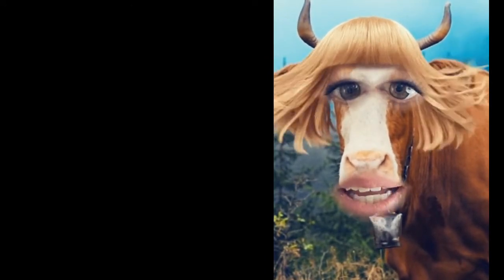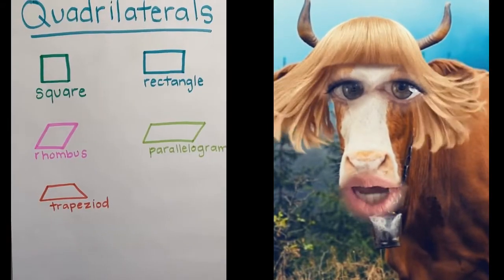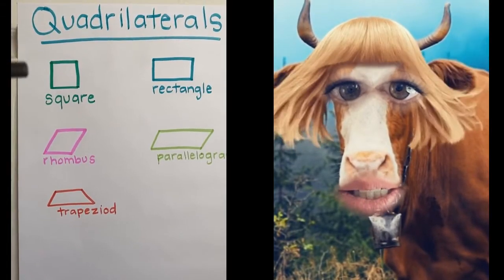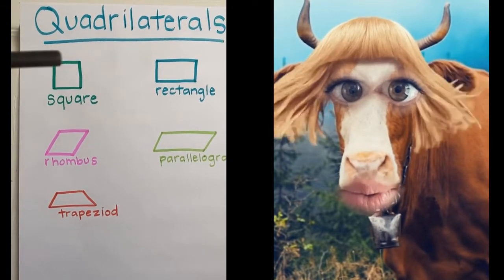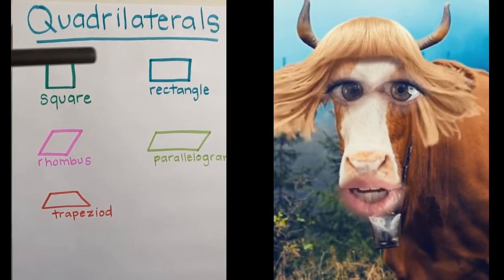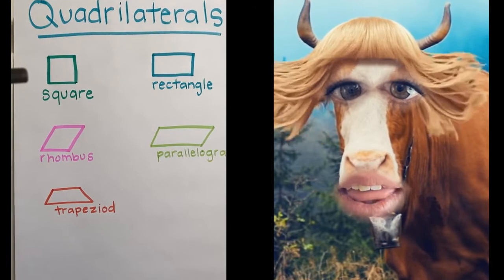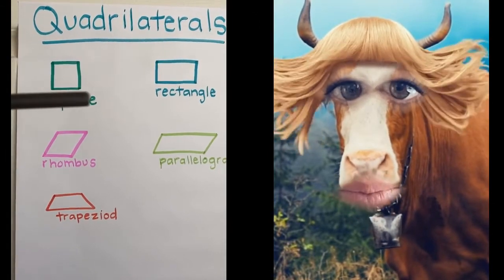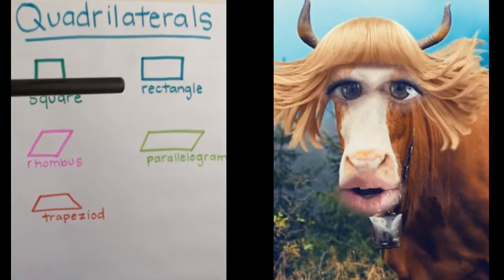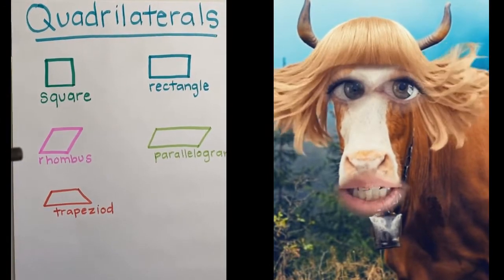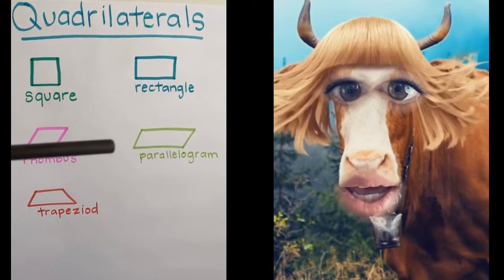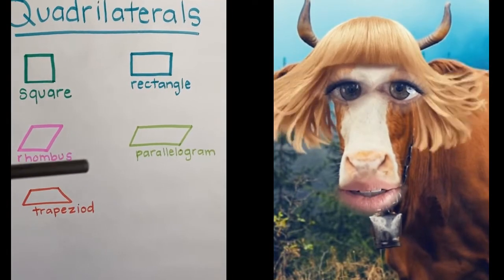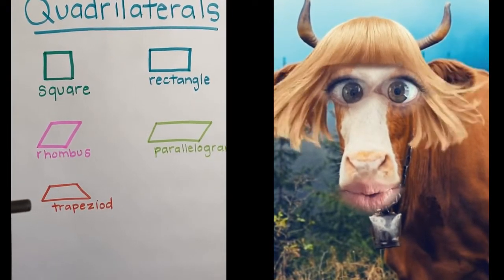So let's talk about some quadrilaterals. Here are some basics. Here is the word quadrilateral. Try and say it a few times, quadrilateral. And we've got your first shape, which is a square, then a rectangle, a rhombus, and a parallelogram, and a trapezoid. Try and say some of those words that are tricky.